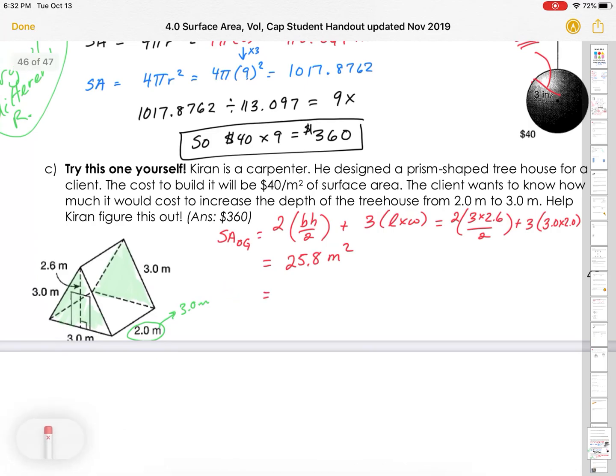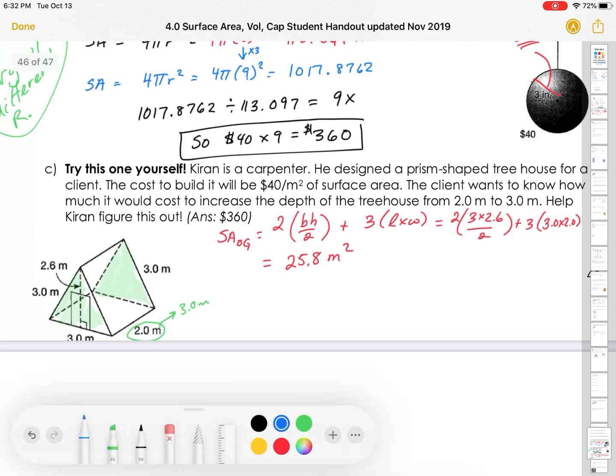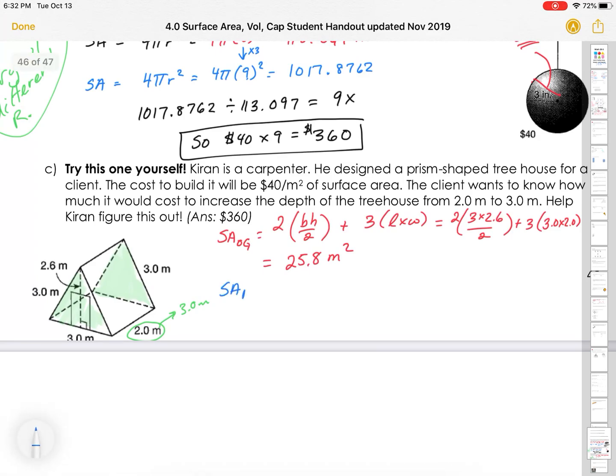Now, surface area new, and let's do that in blue so we can tell the difference more clearly. Surface area new, well, same formula. The only thing different is that we have a different measurement for our width. So we will have 2 times 3 times 2.6 over 2, that stays the same, plus 3 times 3 times 3.